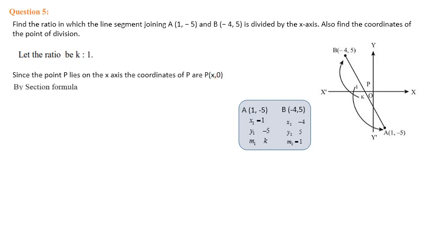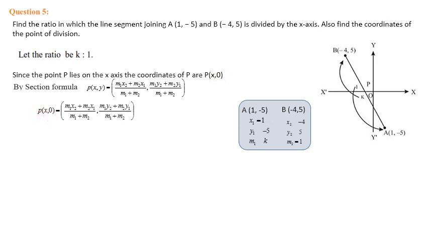By using the section formula, P(x, y) is equal to ((m1x2 + m2x1)/(m1 + m2), (m1y2 + m2y1)/(m1 + m2)). Here x is x itself and the y value is 0. So P(x, 0) equals the same formula.